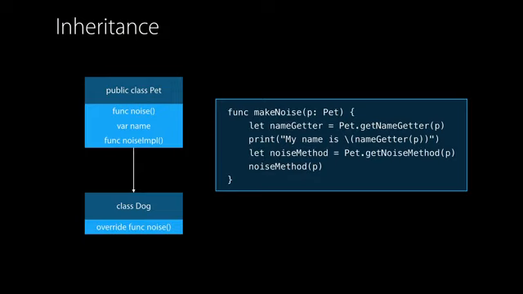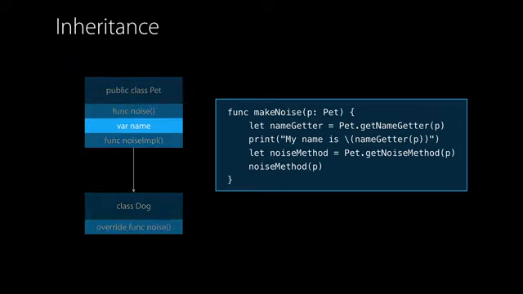When an API contains a declaration with the final keyword attached, the API is communicating that this declaration will never be overridden by a subclass. Consider again the makeNoise example. By default, the compiler must use indirection when it calls the getter for name. This is because without more information, it can't know if name is overridden by a subclass.